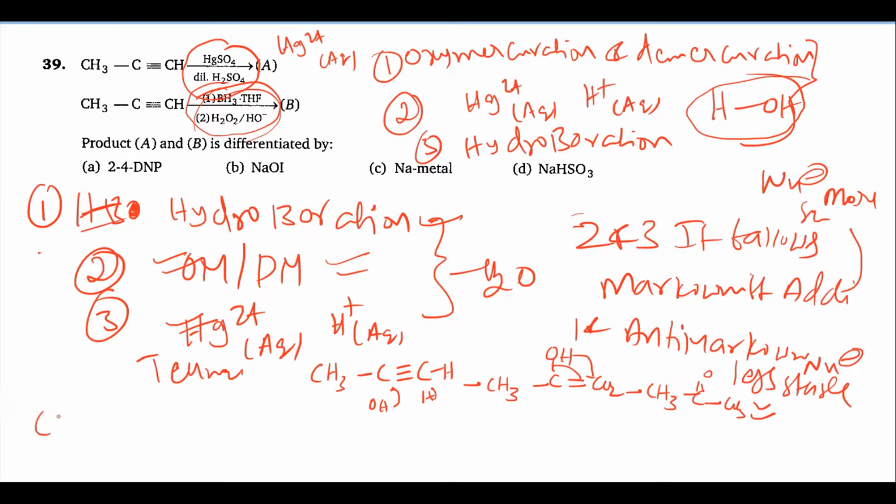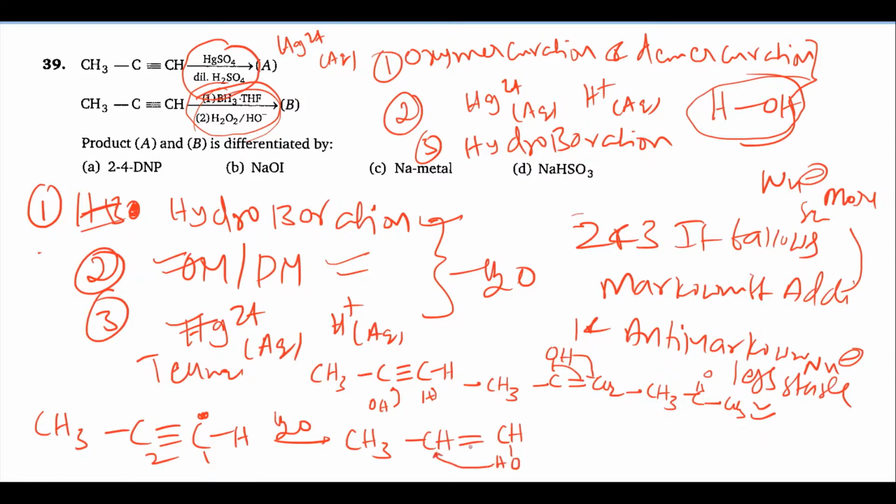Now you can see this is hydroboration, CH3 C triple bond CH. Hydroboration means water addition only, as I already told you. As per anti-Markovnikov's rule, OH is attached here: CH3 CH double bond CH OH. Again hydrogen is attached and the double bond is shifted. This is actually tautomerism.